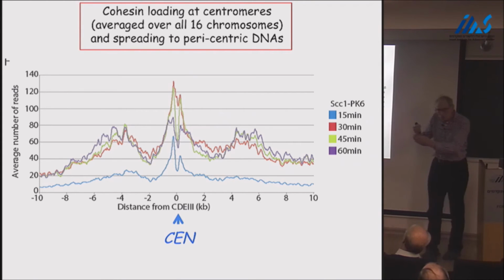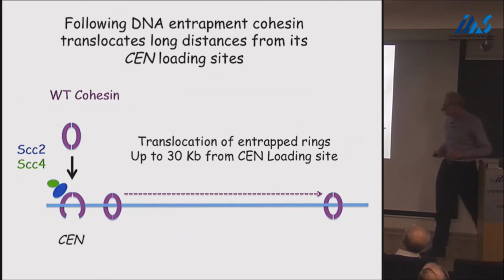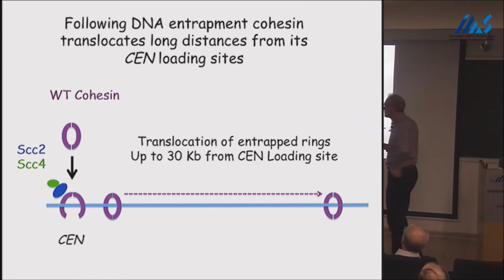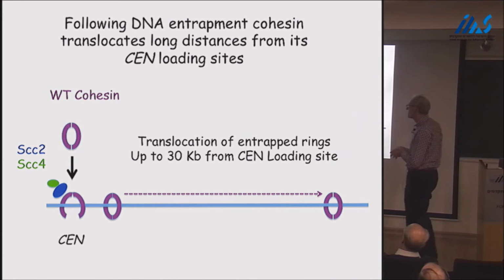It's not a pulse chase experiment, it's a poor man's pulse chase experiment. It's the best we can do at the moment. So what we think is going on in yeast, and I hope this answers your question, we believe the centromere is a specialized turbocharged loading site, and cohesin loads on there, traps the DNA, and then it can translocate up to 30 kilobases, possibly even further down the chromosome.